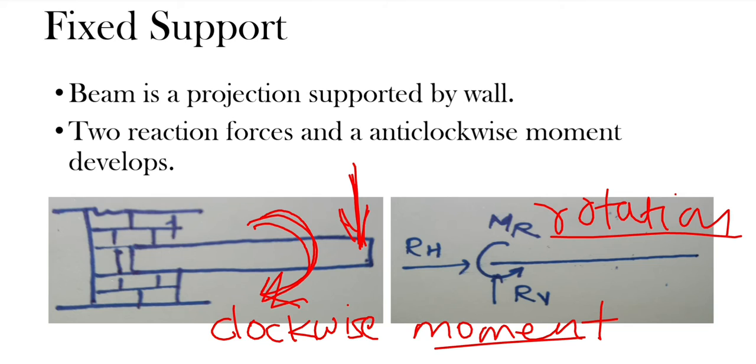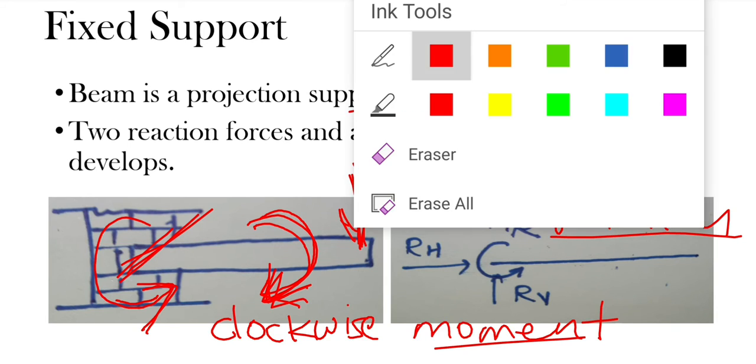So to cancel this clockwise moment, an anti-clockwise moment is developed at the wall portion of the beam.